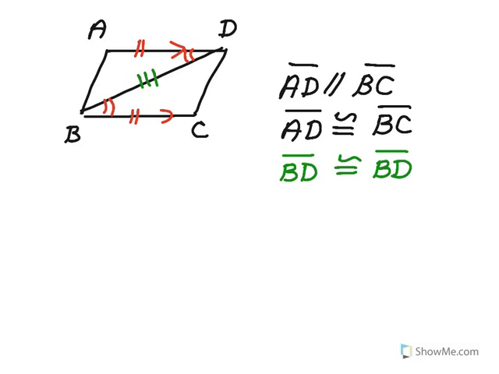I can say triangle ADB is congruent to, now A is across from the common side, so I would pick up C will go with A. And then if I move from angle A to D when I'm listing ADB, that's the angle that's congruent to the alternate interior angle where B is.